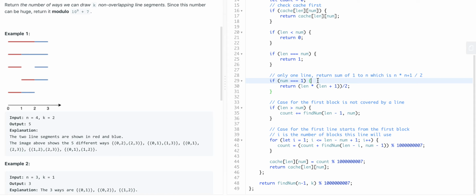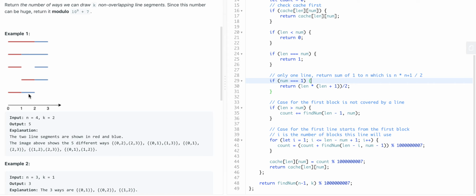And if num is 1, we know that there could be 1 plus 2 plus 3 plus up to n, right? Because let's say you have length 3 and you have only one line, you can do 1 or 2 or 3, right?